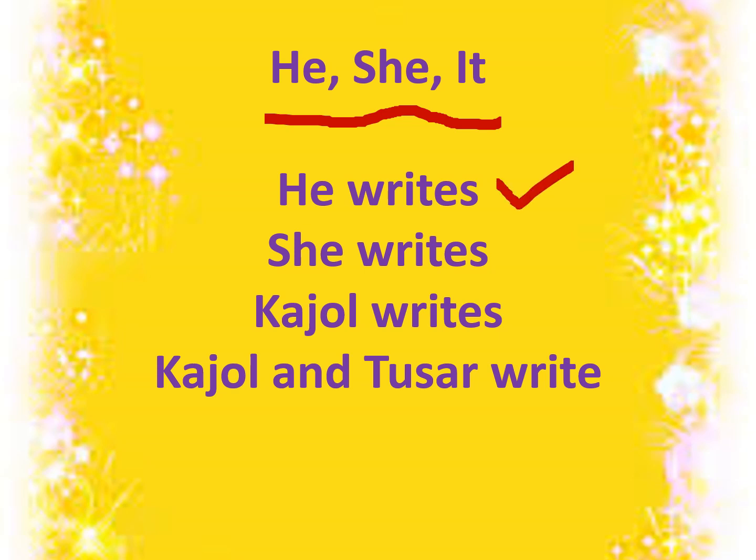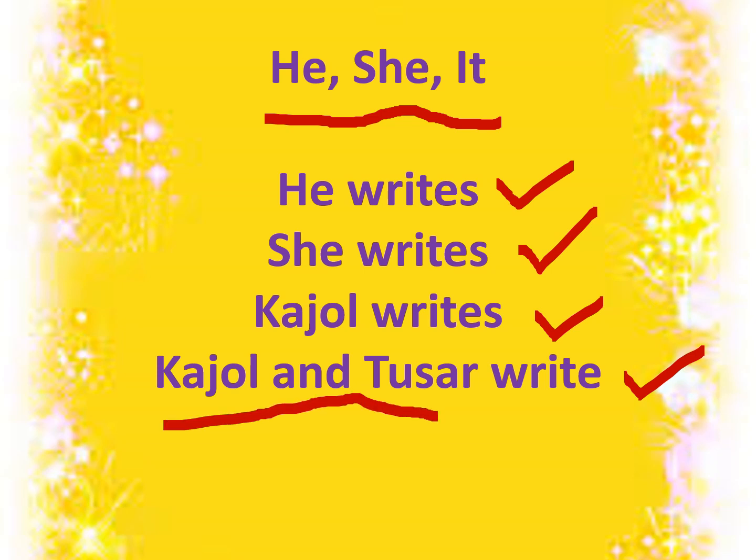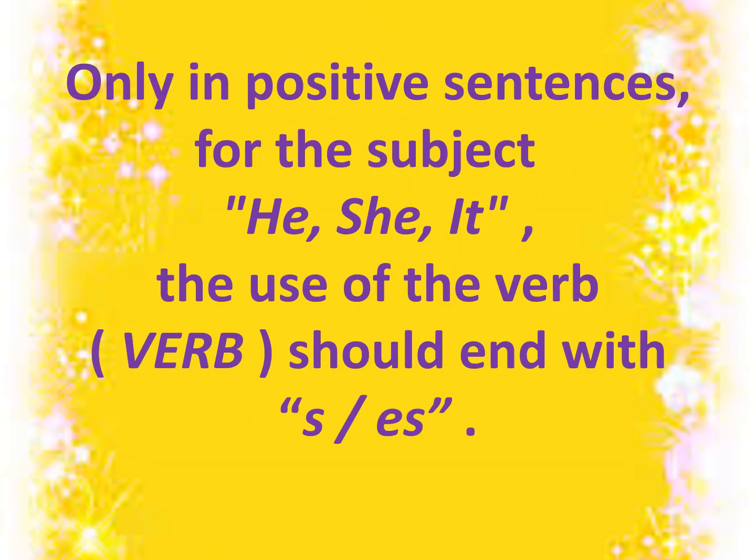He writes. She writes. Kajol writes. Kajol and Tushar write. Because it's two people, so we don't use s. It's the same with they. Only in positive sentences for the subject he, she, and it, the verb should end with s or es.